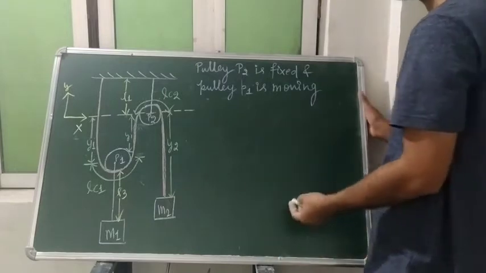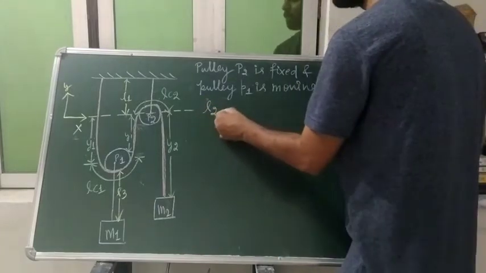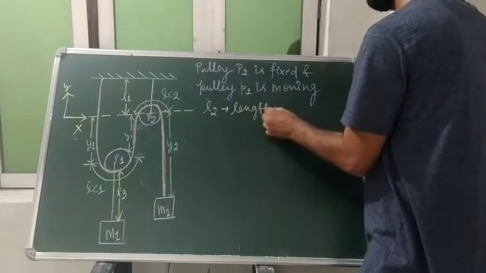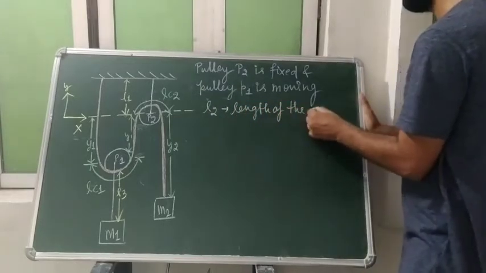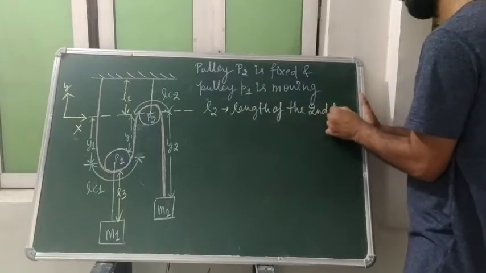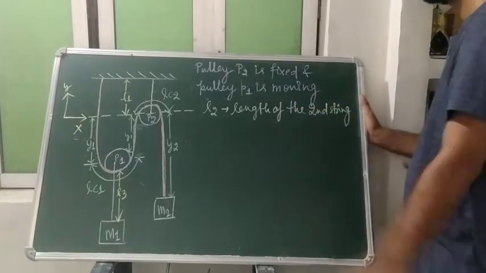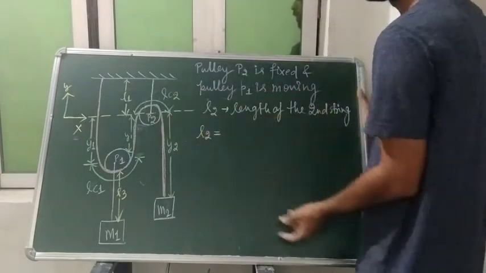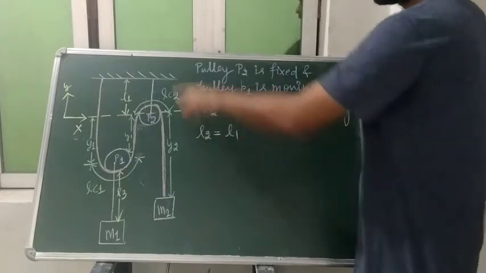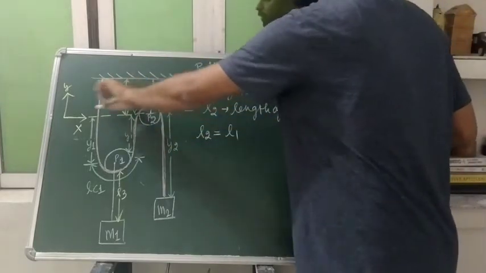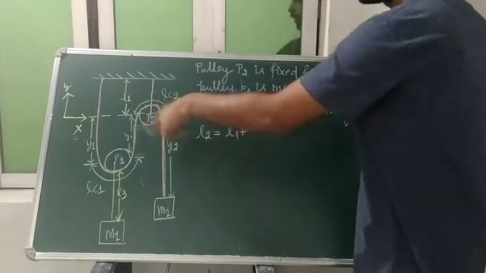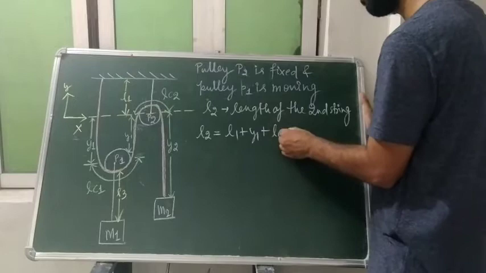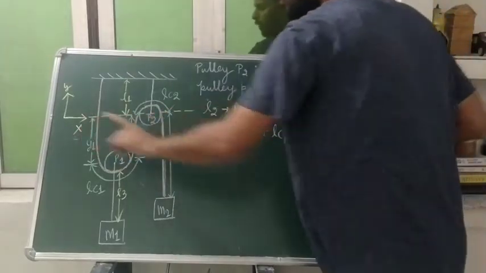So of course, students, how can I write this? Suppose I am saying that L2 is representing the length of the second string. So L2 I can write as equal to what, students? L2 will be this length L1 plus this Y1 plus this LC1, plus again this Y1 is going to come, is it?